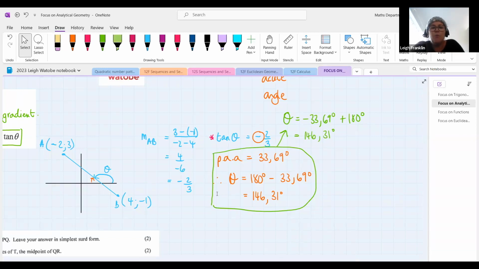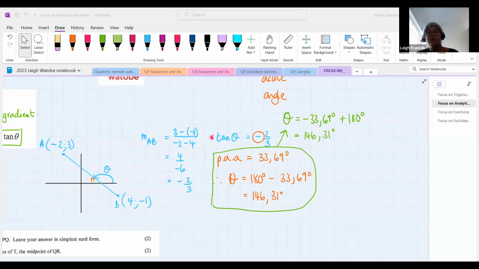So if you are calculating a reference angle first, say that it's a reference angle. Otherwise you can do what's there in green. Just don't write that theta is 33.69 or that theta is negative 33.69, because it isn't. Yes, absolutely, Gugu.